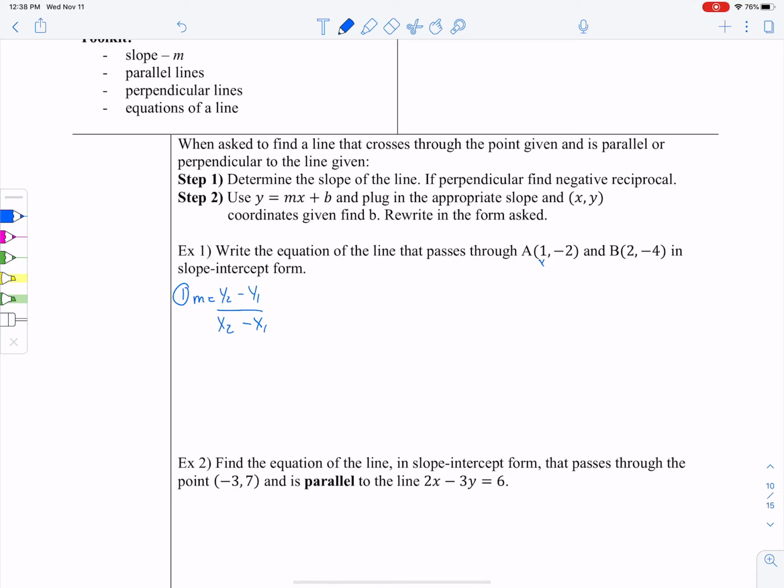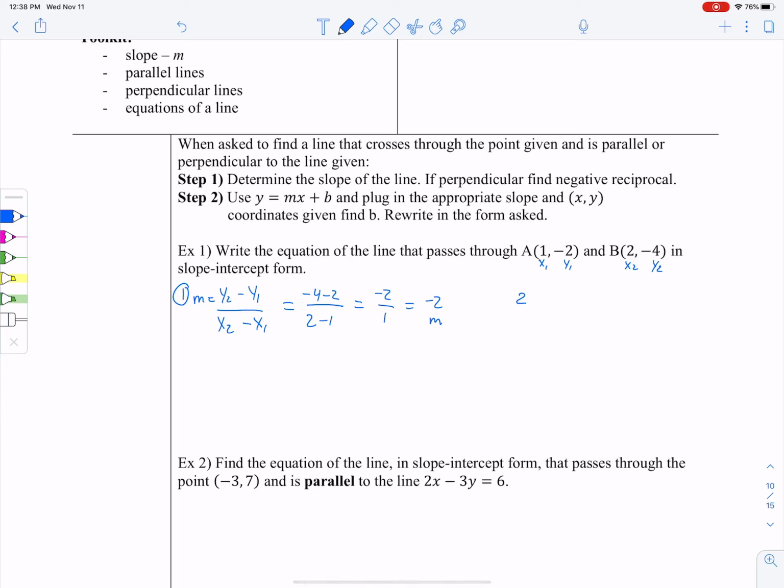So here we have x1, y1, x2, y2, and that's going to be (-4 - (-2)) / (2 - 1). So we get negative 2 over 1, which is just negative 2. Okay, and that's our m. It doesn't mention perpendicular or parallel, so we'll just leave it like that.